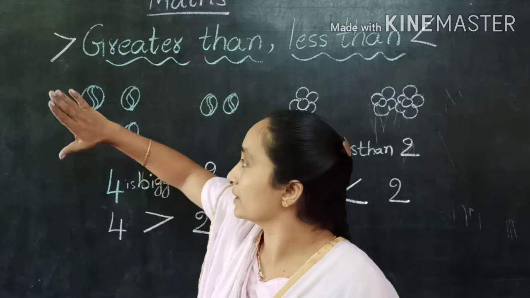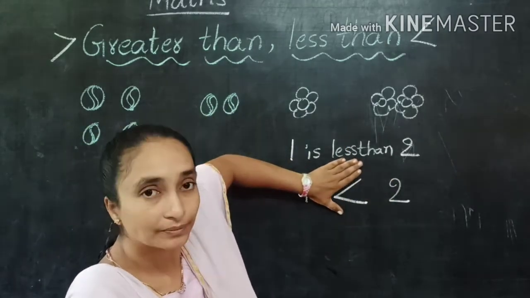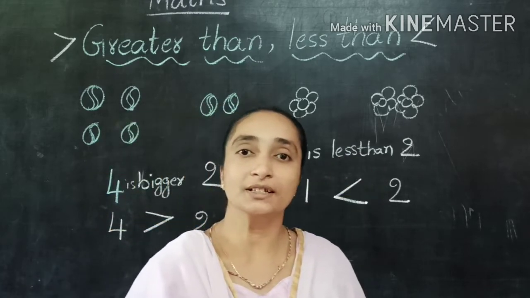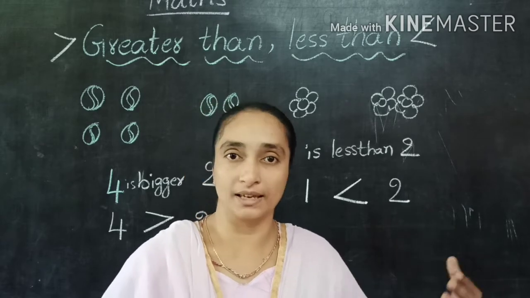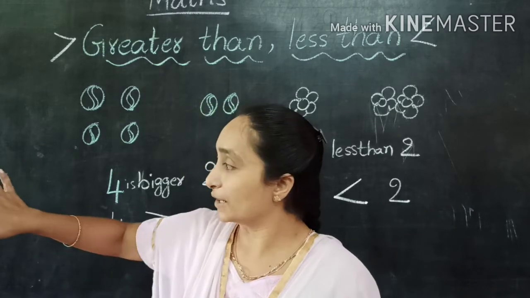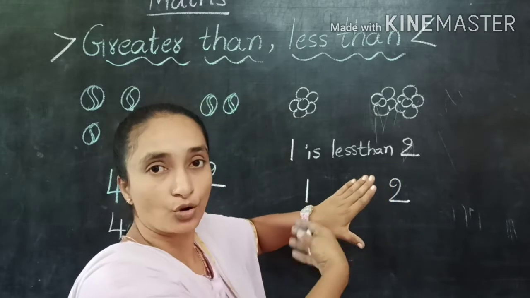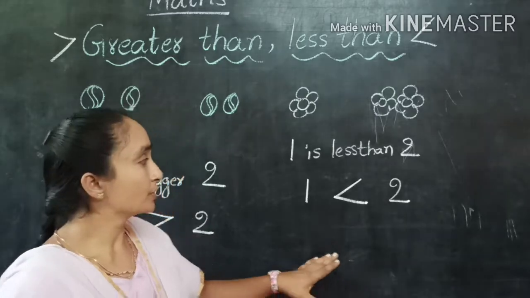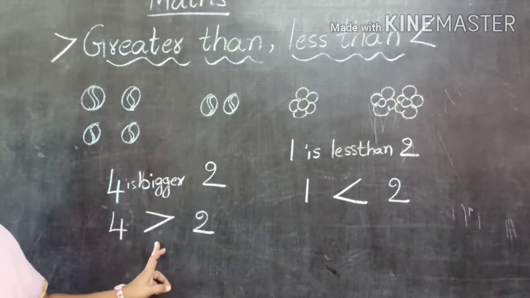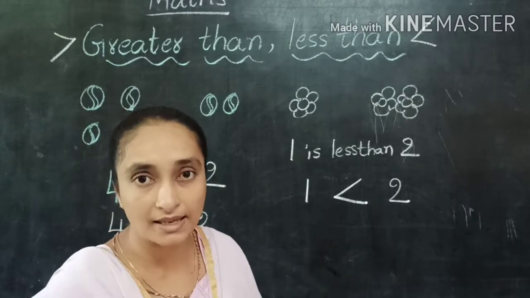For greater than, this symbol, and for less than, this symbol. These are the two symbols we use. The right side open means greater than, and the left side open means the less than symbol. So here we can see 4 is greater than 2 and 1 is less than 2.